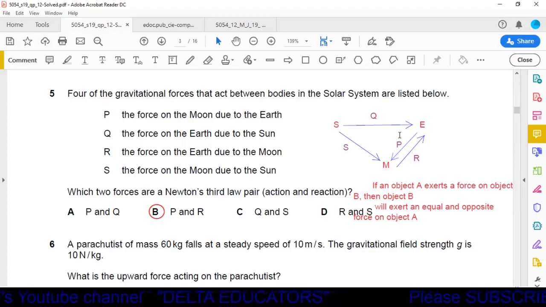So it is in accordance with Newton's third law of motion. So our correct option is option B, because in option B it is given the pair P and R.